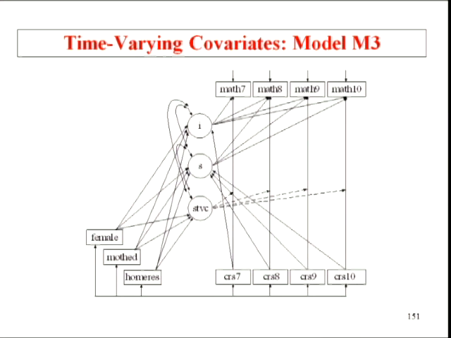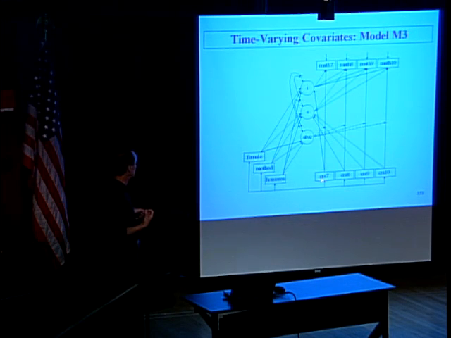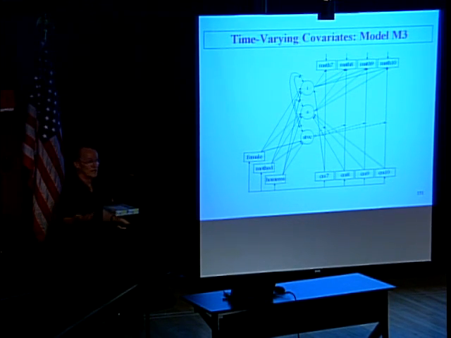Because growth rate is something that happens across the grades, whereas I is defined at grade 7, right? I is initial status. So it would be very strange if we let I be influenced by course taken in grade 8, 9, or 10. Not strange if it's influenced by course taken in grade 7, but initial status shouldn't be influenced by something that happens later, right?